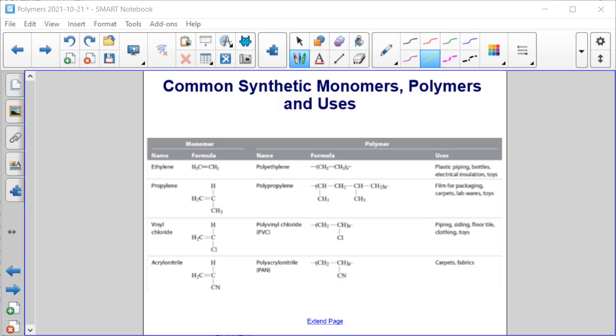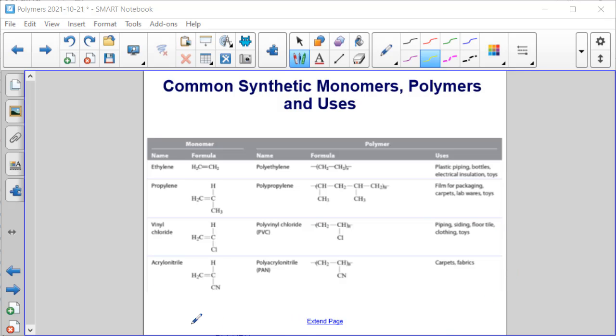Here are some common synthetic monomers, polymers, and their uses. We've seen many of these in detail: ethylene monomer, polyethylene polymers, and the uses in piping, bottles, electrical insulation. We also looked at PVC, or polyvinyl chloride, which comes from vinyl chloride monomers, used in piping, siding, floor tile.